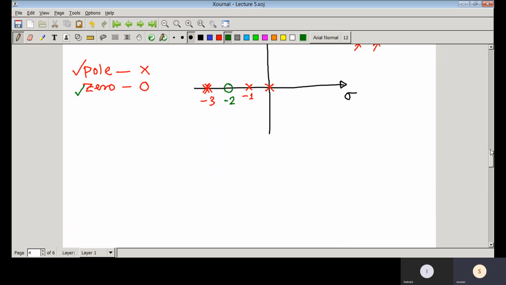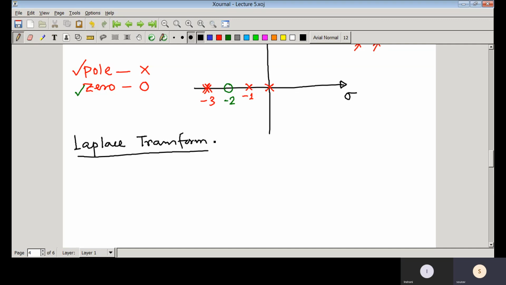Now I will give you some advantages, disadvantages, and the basic concept of the Laplace transform. I think you are all familiar with the Laplace transform because you have studied it in signals and networks. This is actually one transform.